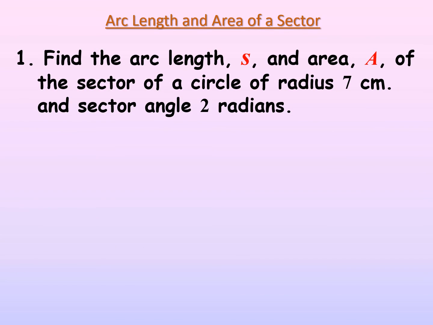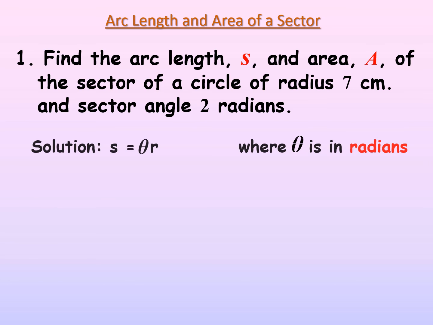So let us have the last example for today. It is a combination of your arc length and area of a sector. Find the arc length S and area A of the sector of a circle of radius 7 centimeters and sector angle 2 radians. So in here, we don't have to convert anymore our angle into radians because it is already expressed in radians.